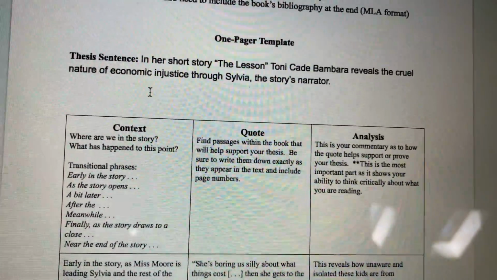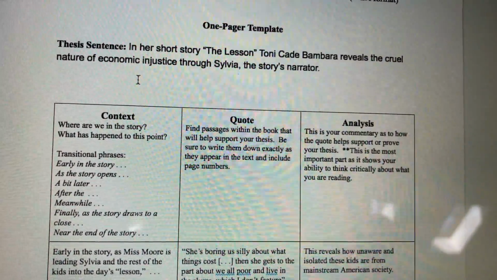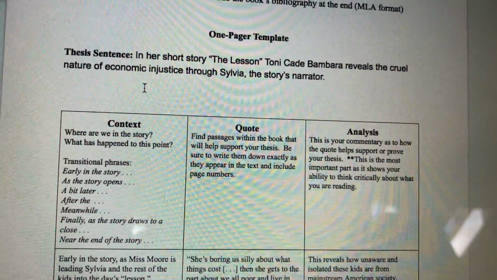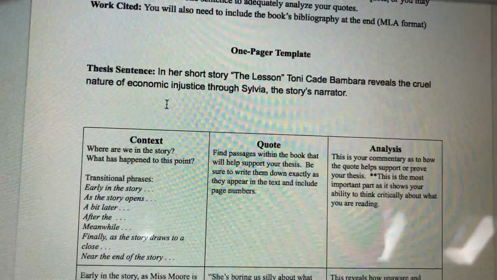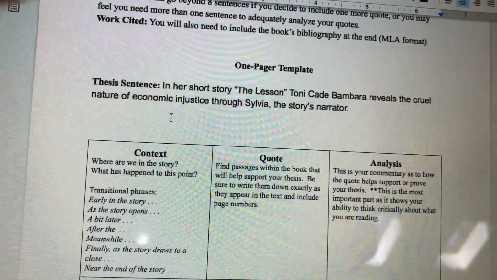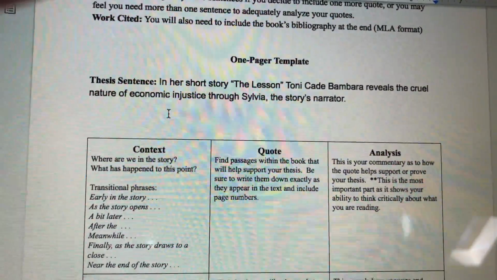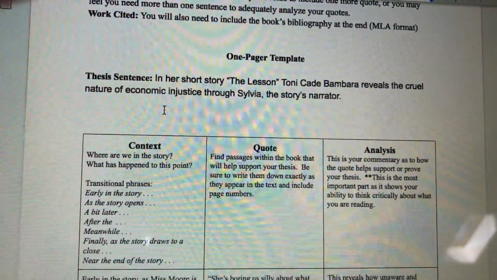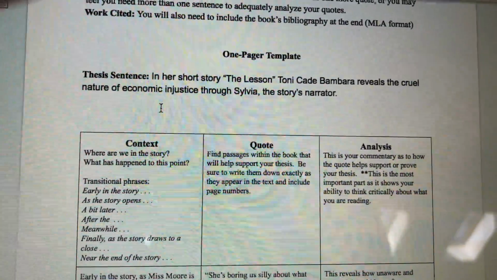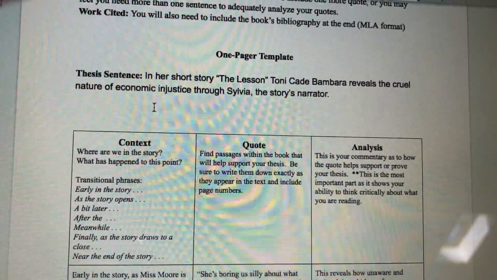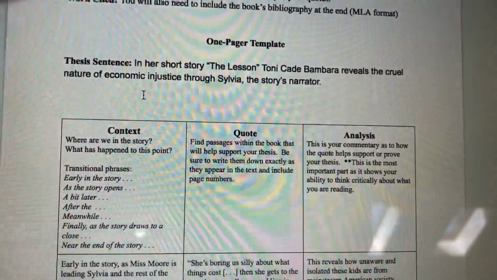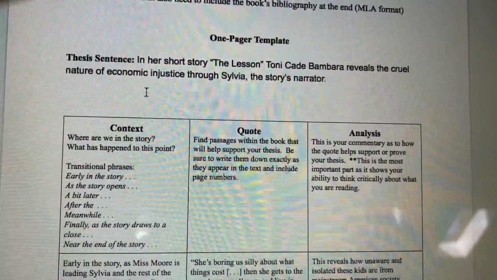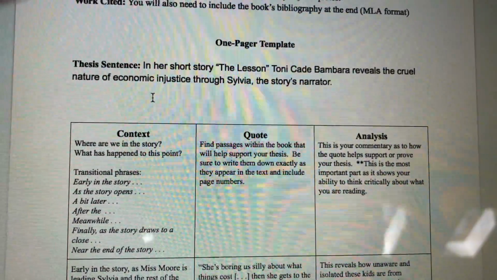So the literary element that I'm looking at is characterization, namely the character Sylvia. And the message that I'm bringing out to the reader is that Bambara is using that character to reveal the cruel nature of economic injustice. That is what I'm trying to prove. That's my thesis, my argument, my claim, whatever you want to call it, for this paper.